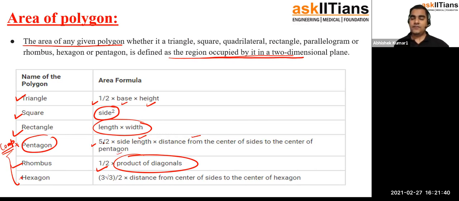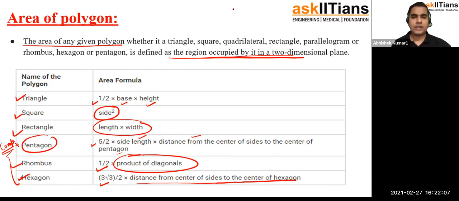Clear? If you talk about a hexagon, then it is given by 3 root 3 by 2 into the distance from the center of the side to the center of the hexagon, which is very similar to the area of a pentagon.